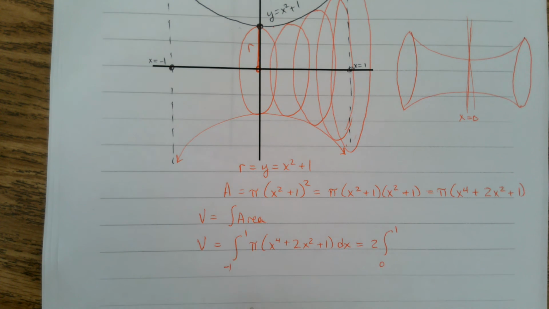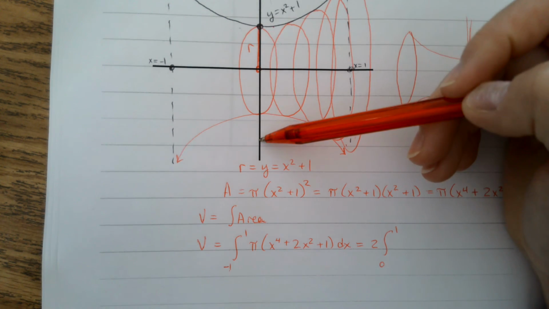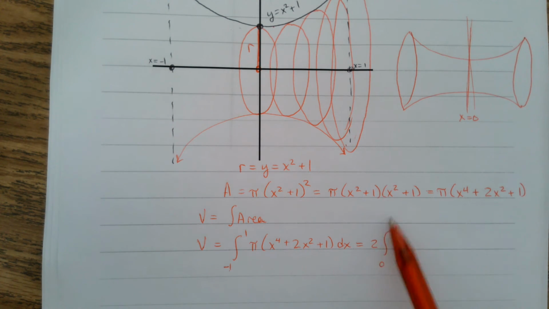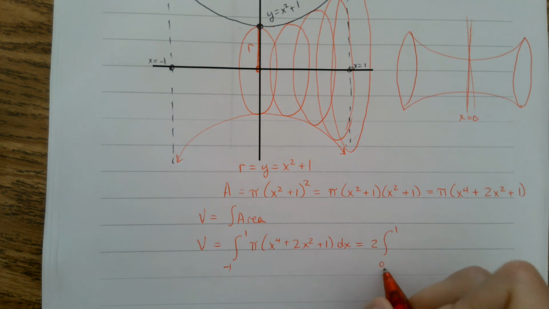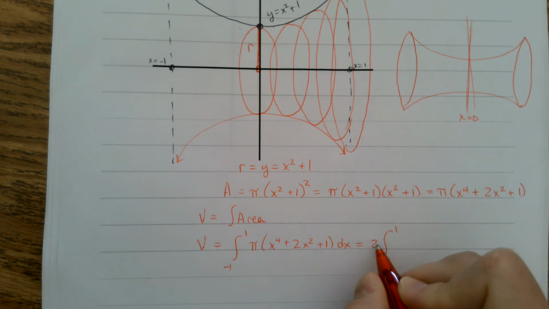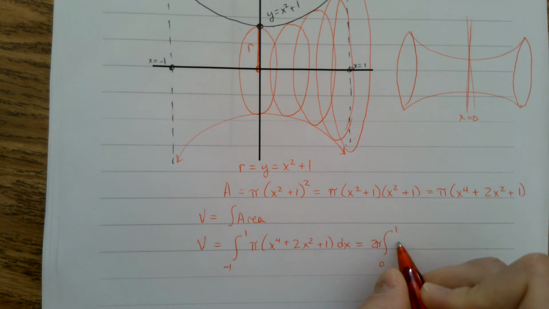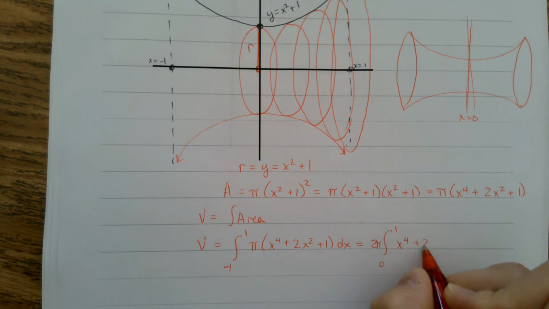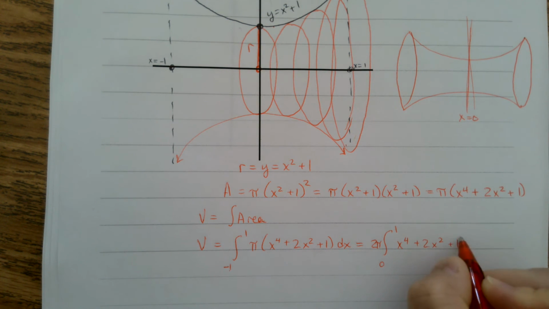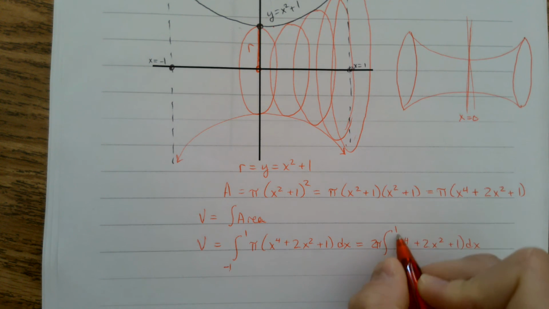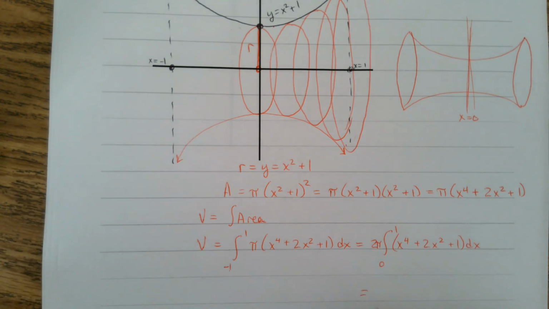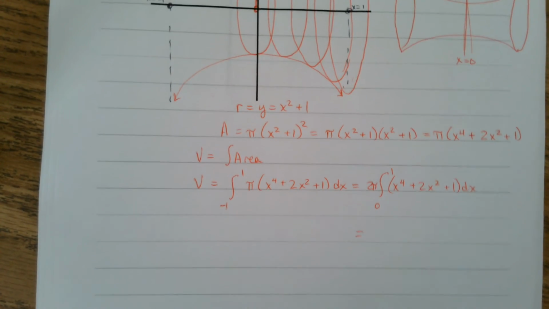Instead of doing -1 to 1, because this is perfectly symmetric, you can cut it in half at that origin line and double the integral. So 2 from 0 to 1, and I'll take the pi out as well, x to the 4th plus 2x squared plus 1 dx. And then this is just regular old integration here.